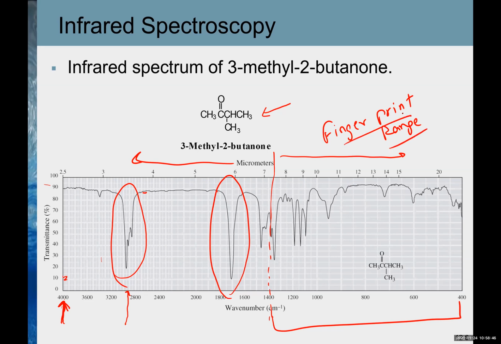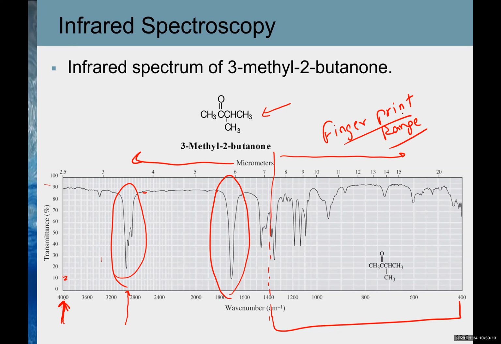In the fingerprint range, we get tons of peaks, tons of data, but it's almost impossible to interpret it. So we use it as a fingerprint. It can be used to match two unknowns together, just like we match fingerprints, right? So we just match those peaks together and then we can say, oh, these two are the same.